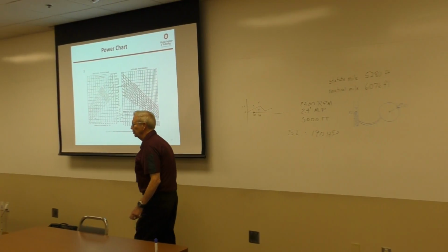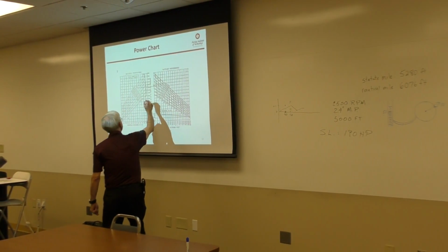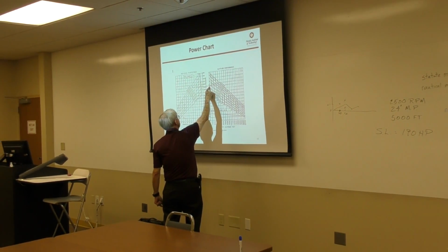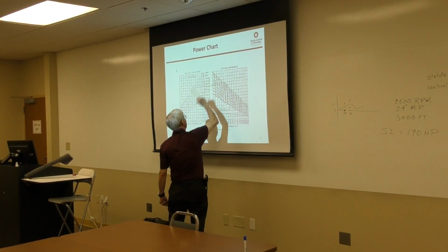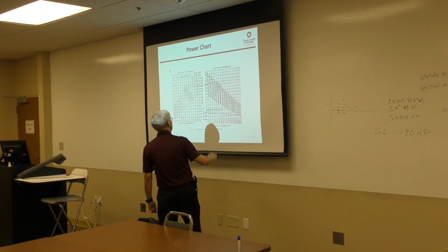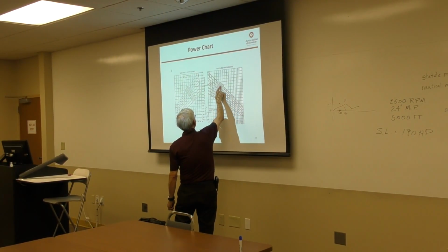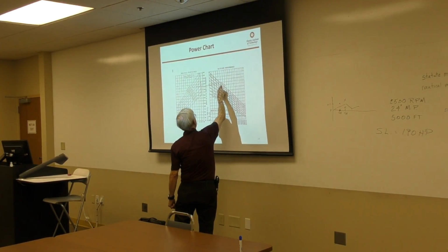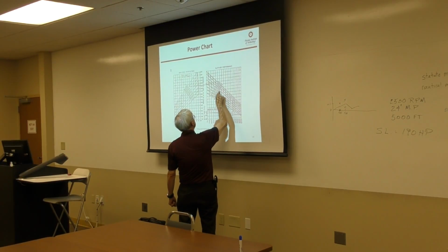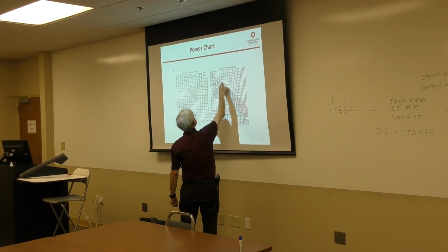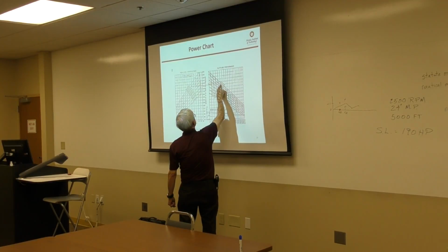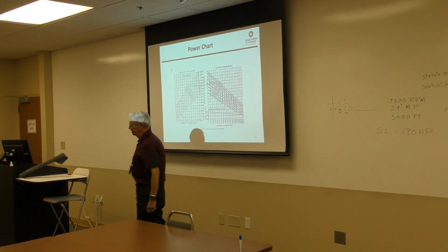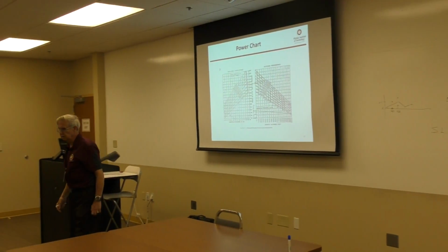All right, now let's go to the altitude side. Let's take that 190, take it across to this axis right here and put a dot right there. Then go to 2,500 RPM and 24 inches of manifold pressure, and look there, it goes right here, or thereabouts, on my chart. Where does it go on yours?